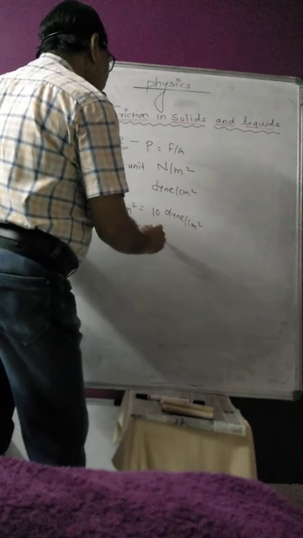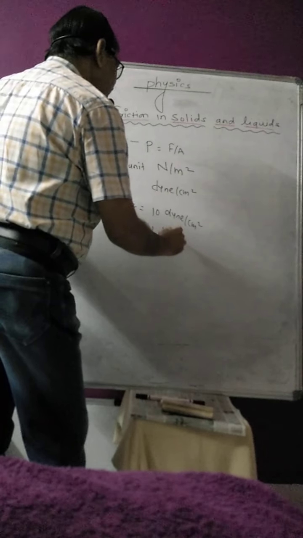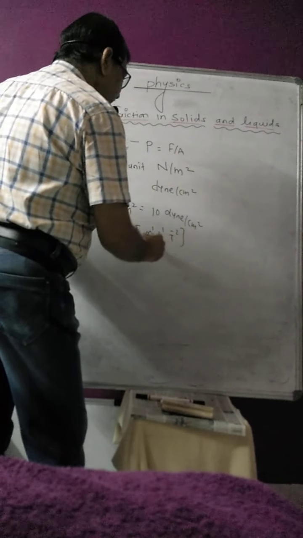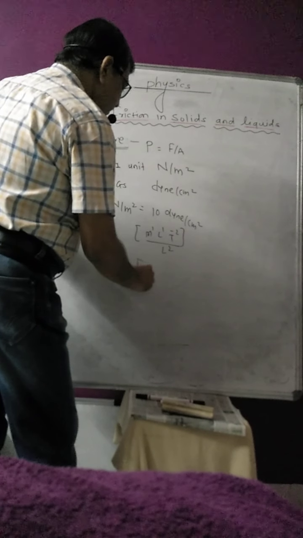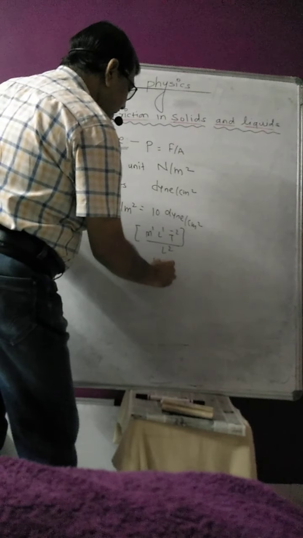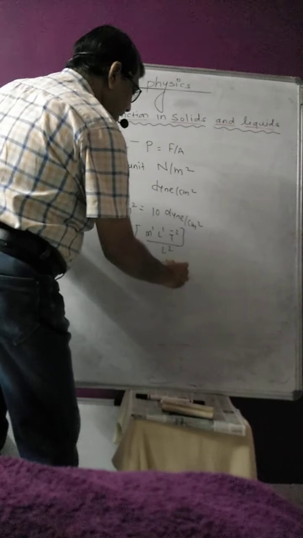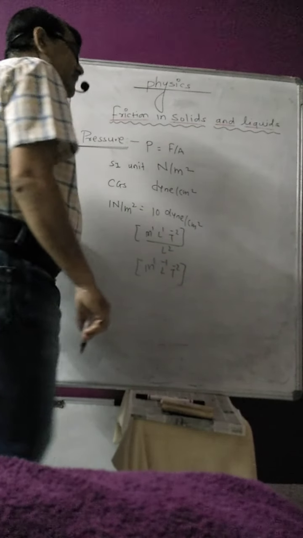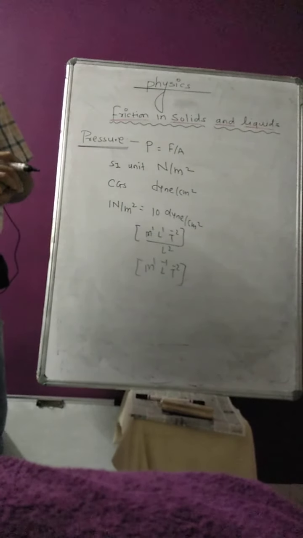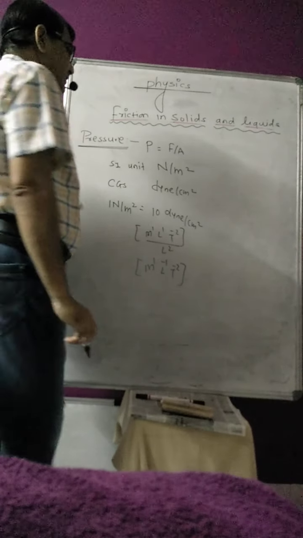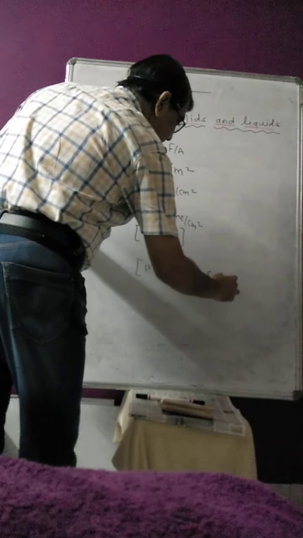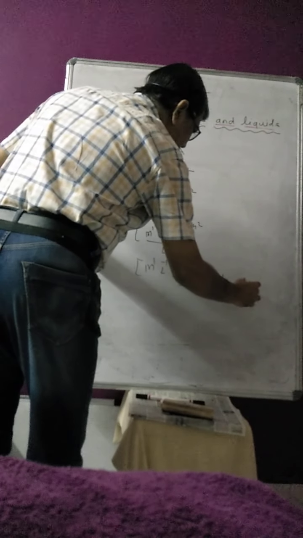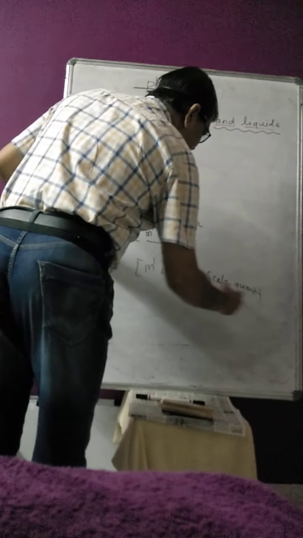The dimensions of force are M1 L1 T raised to minus 2, upon area L square, so that is equal to M1 L raised to minus 1 T raised to minus 2. These are the dimensions of pressure, and pressure is a scalar quantity.